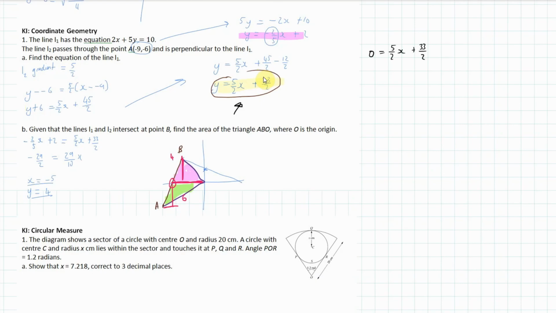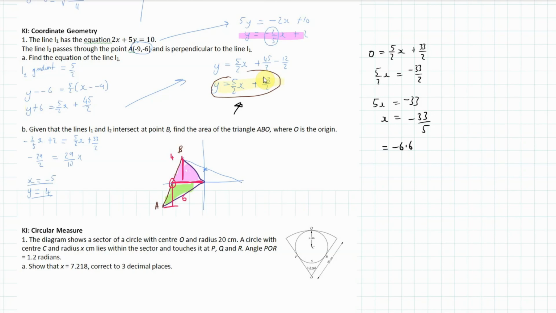I'll rearrange that and get 5 over 2 x equals negative 33 over 2, so 5x equals negative 33, so x equals negative 33 over 5 equals negative 6.6. So we know that the base is 6.6.